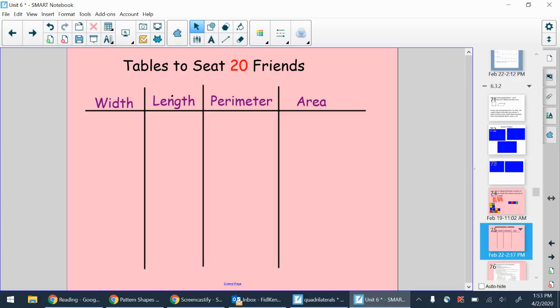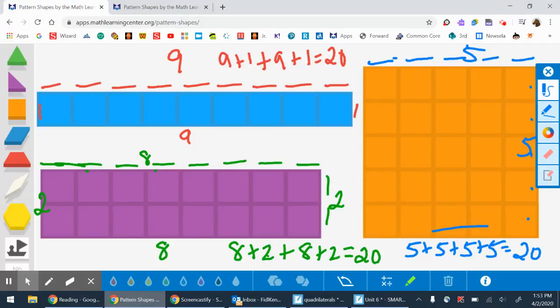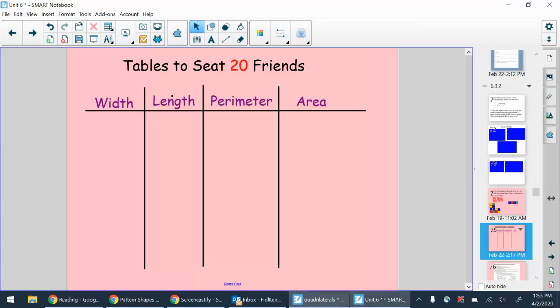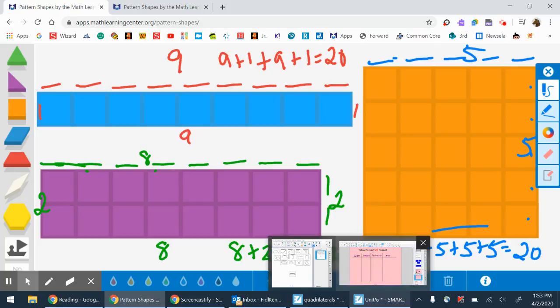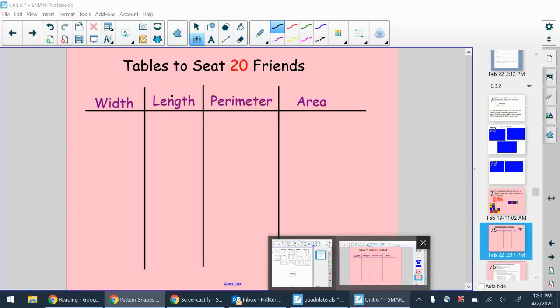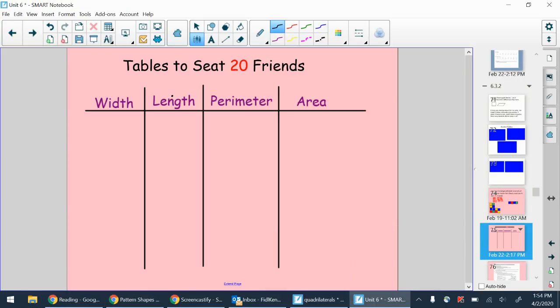I'm going to be jumping back and forth again. I'm going to start with the blue one. We had a height of 1 and a length of 9. On my chart, we'll say a width of 1 and a length of 9. So we have 1 by 9.